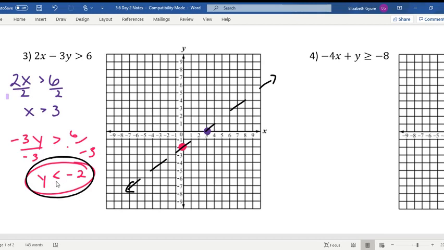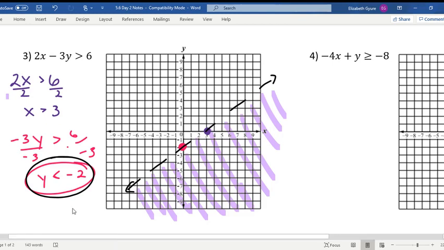So if it's a less than, do I want numbers bigger or smaller? Yeah, we shade below because we want numbers that are smaller because it's a less than. Were you maybe thinking that since it's pointed this way, we shade that way? That can sometimes get a little tricky.